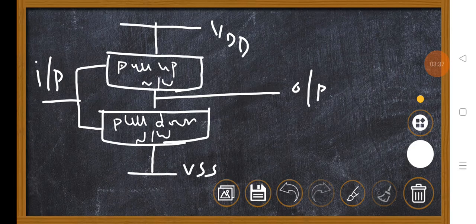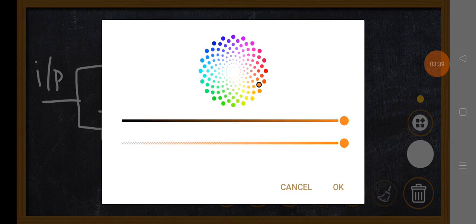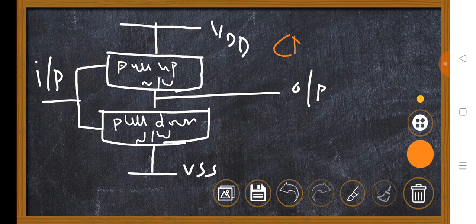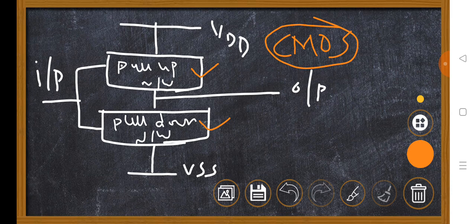Okay, now if you observe, this is a CMOS technology. In the CMOS technology, always observe that you have two networks. One is the pull up network, another one is the pull down network. The two gate terminals of these networks must be tied and a common input is given.